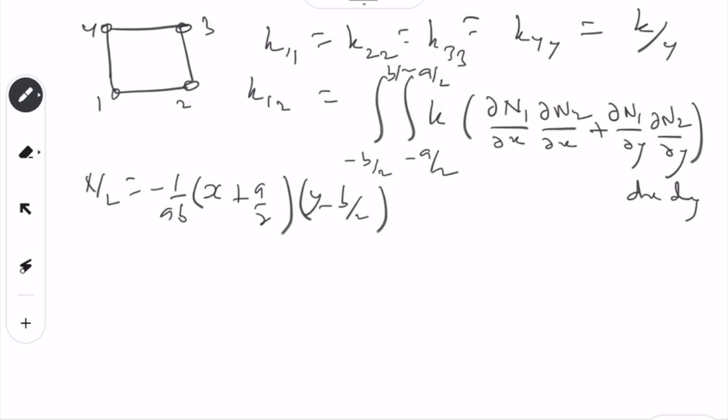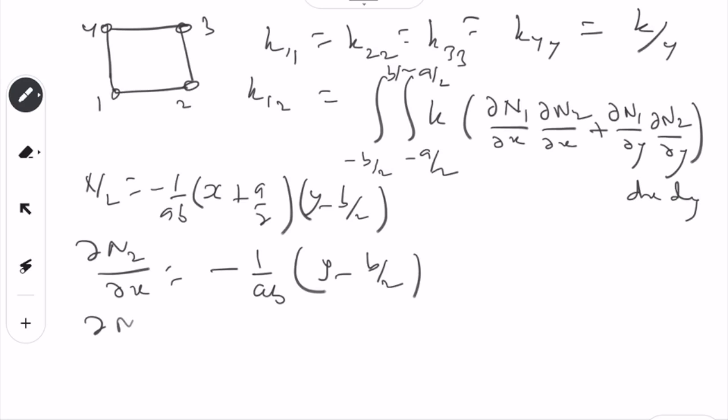So this is the equation. So del n2 over del x, you get minus 1 over ab, y minus b over 2. Similarly, del n2 over del y will be equal to minus 1 over ab, and we get x plus a over 2. Okay, so we can use that.